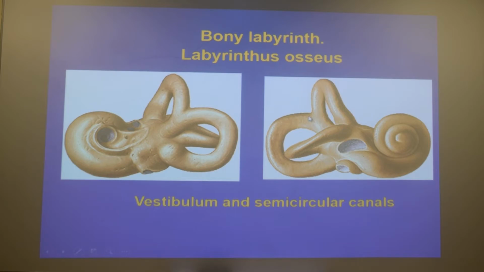So now a total of 5 openings will be there in the vestibule. One is the joint opening of anterior and posterior, this is the third opening, and the 2 openings of the lateral semicircular canal. So in total you would find in the posterior part of the vestibule 5 openings of the semicircular canals.